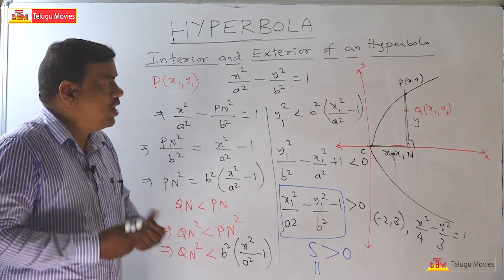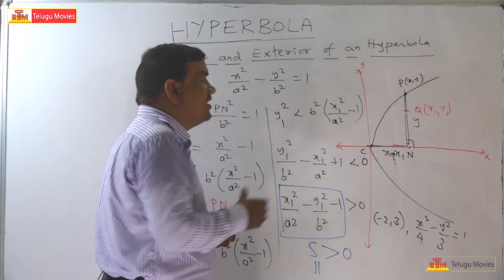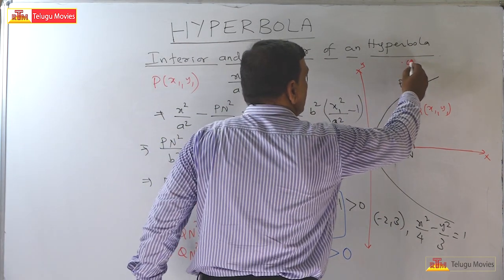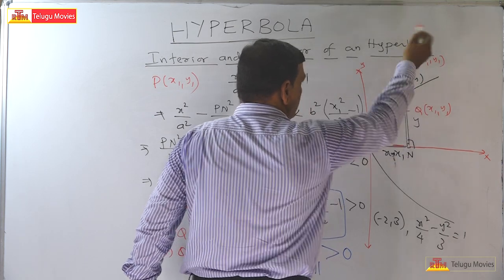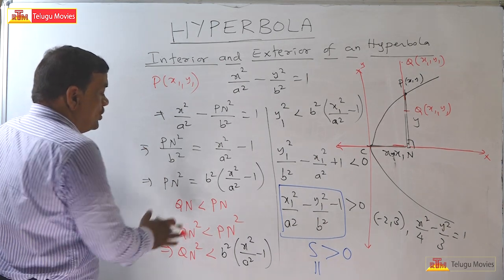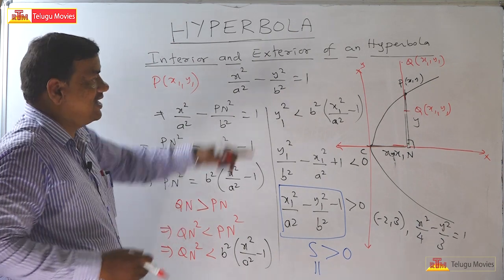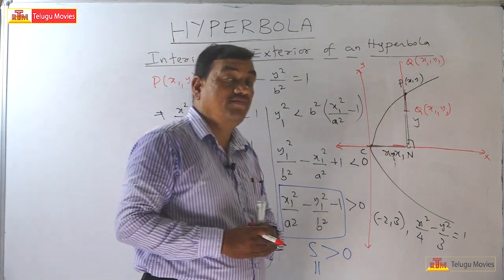How to prove that the point lies outside? If the point Q (x1, y1) lies outside, then Qn is greater than Pn. I am proving for the outside.